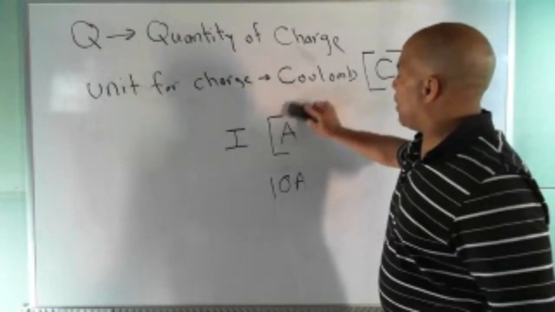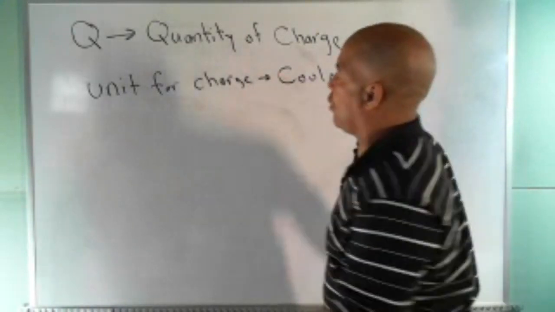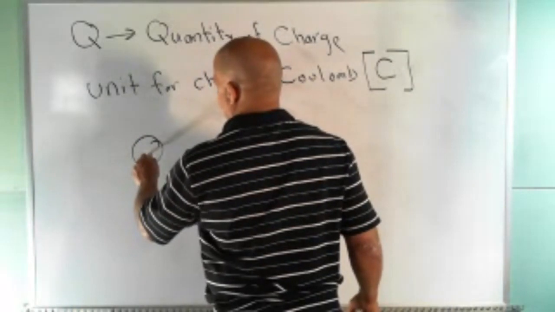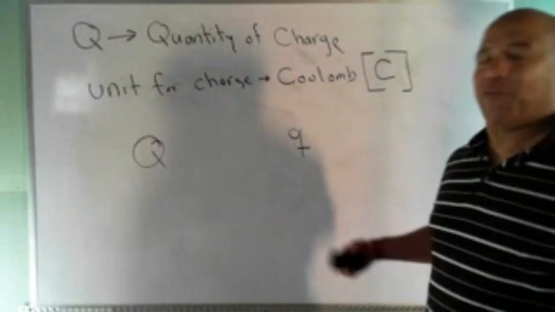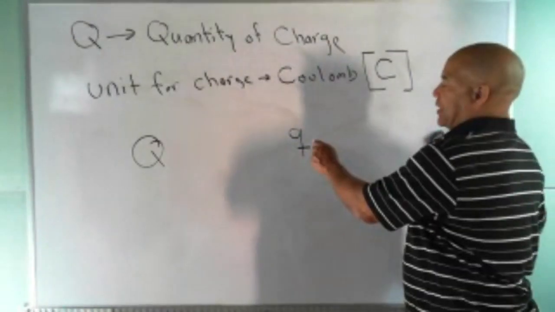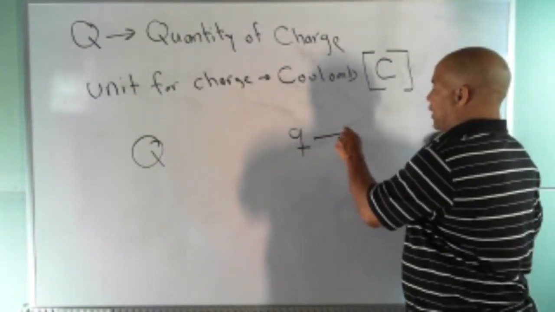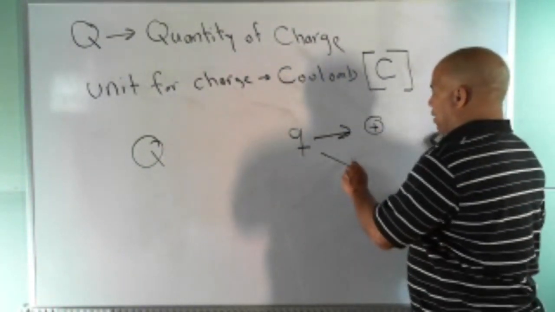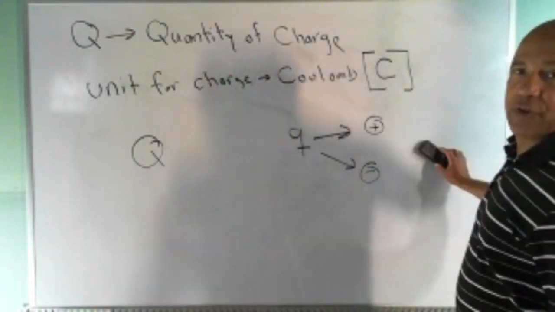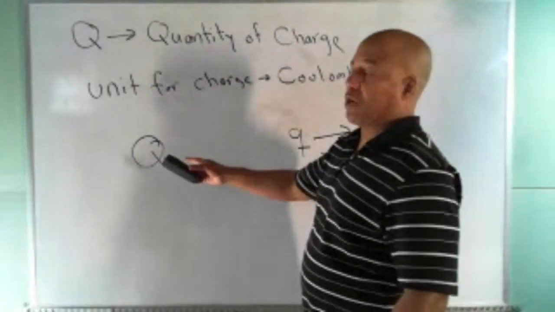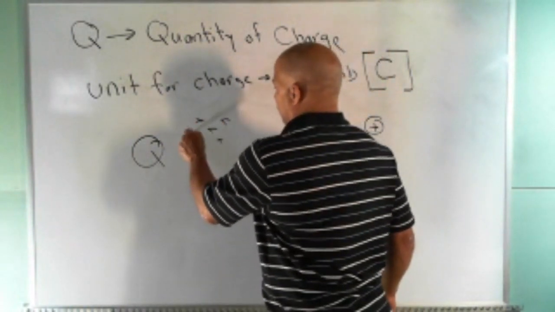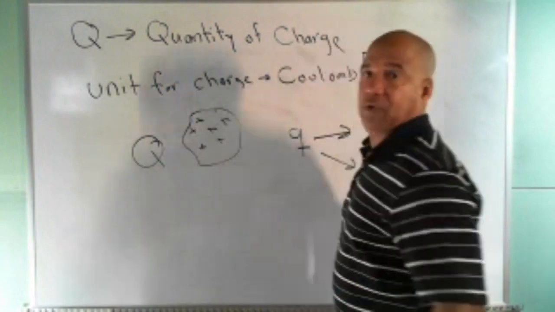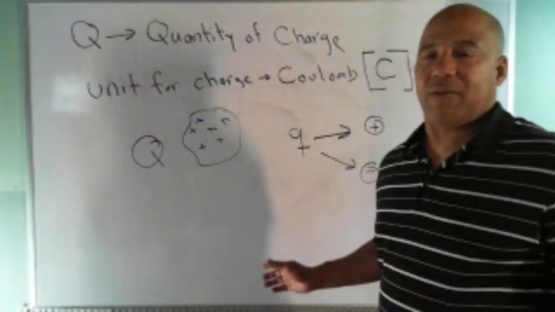Now let me say a little bit more about Q. Sometimes in books, you'll see Q written like this, and sometimes you'll see it written lowercase, and that actually does make a difference. It won't, but it does. The lowercase q represents a single charge. So if I have a single plus charge or a single minus charge, I use a lowercase q. The capital Q represents a group of charge. So if I have a bunch of positive charge, then I use a capital Q. I don't really care what you use.